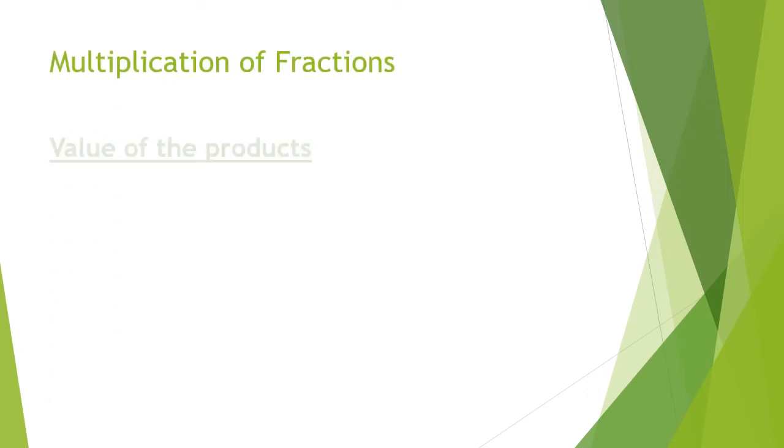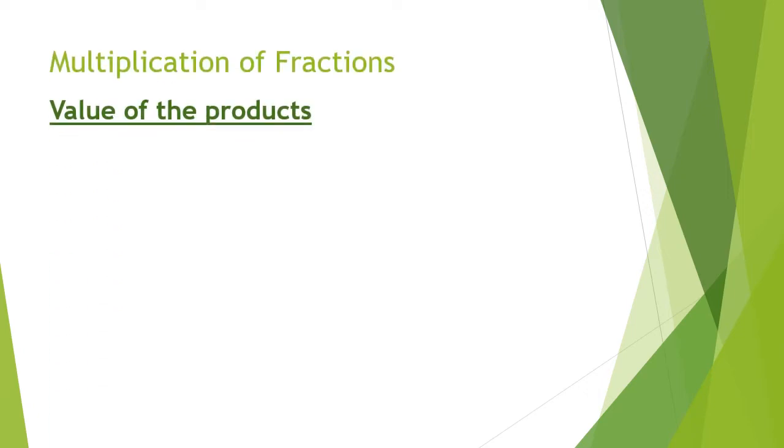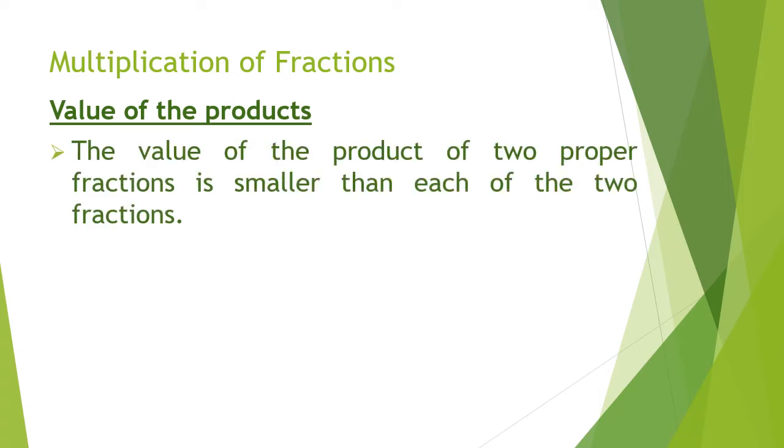Our next topic is value of the products. It means the value of the product of two proper fractions is smaller than each of the two fractions. I can explain it with an example. 2 upon 3 multiplied by 4 upon 5 gives 8 upon 15.